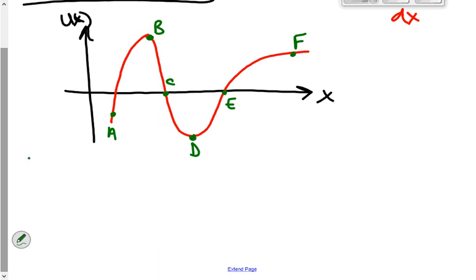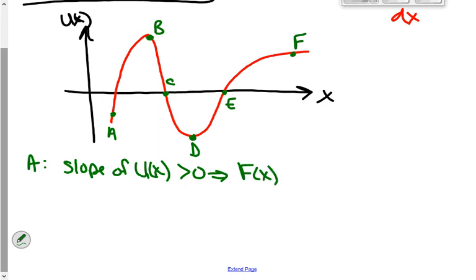If we start at point A, what can you tell me about the slope of U of x? Positive or negative or 0? Okay, so it's going to be greater than 0, which means that the force at that point is going to be what?